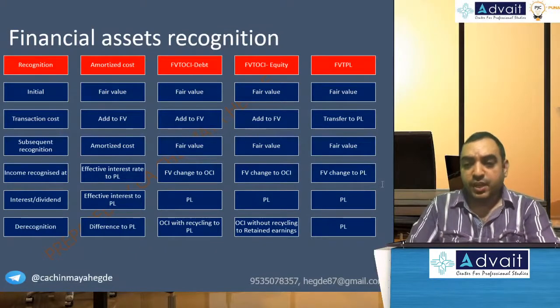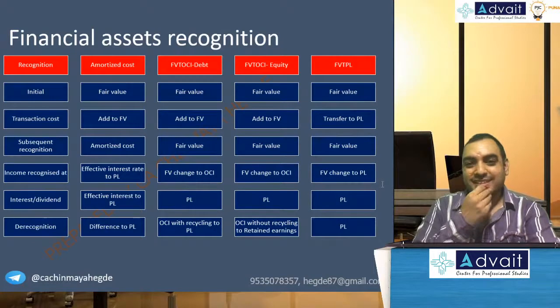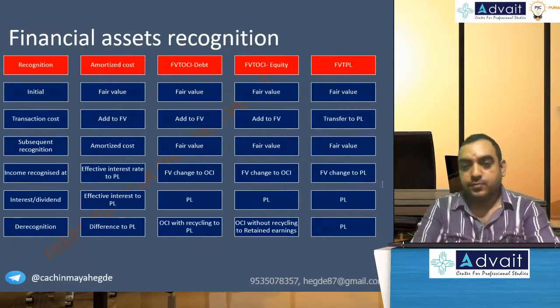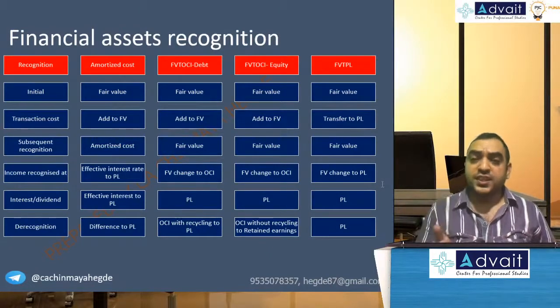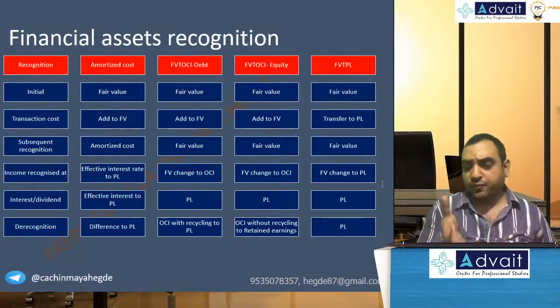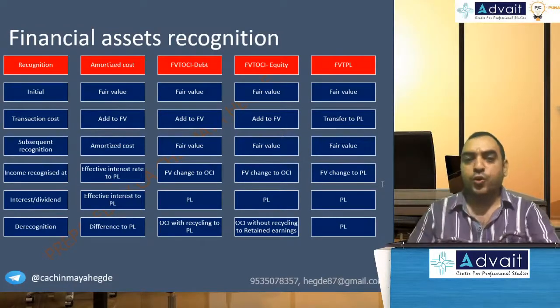Okay, is it fine? Can we go to liability? Okay, why is transaction cost going to P&L account? Because even if you add it to fair value, it will ultimately go to P&L account only, my dear friend.